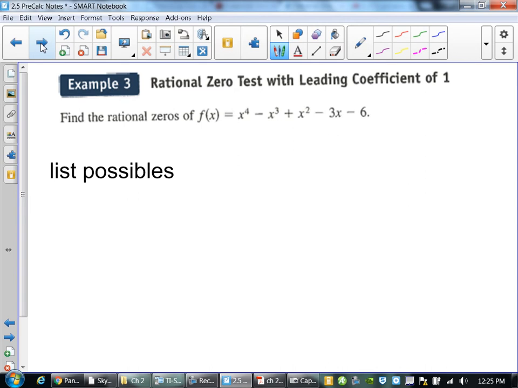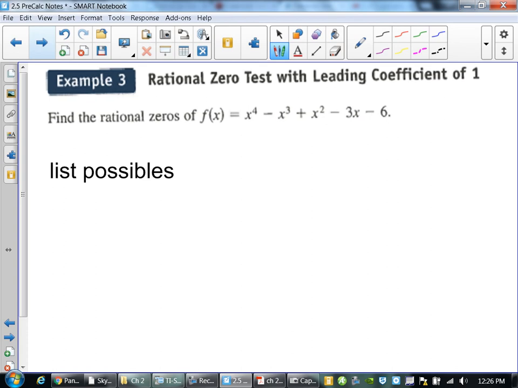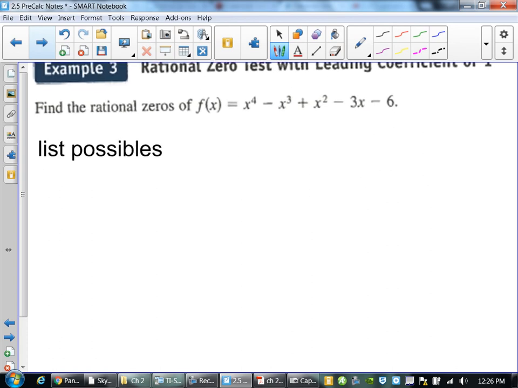We might not. So let's do that with a leading term coefficient that is equal to 1, so it's a little bit easier. So we have the function f of x equals x to the 4th minus x cubed minus x squared minus 3x minus 6. And what I'm going to do here is list out all of my possible zeros so I can start factoring via synthetic division.